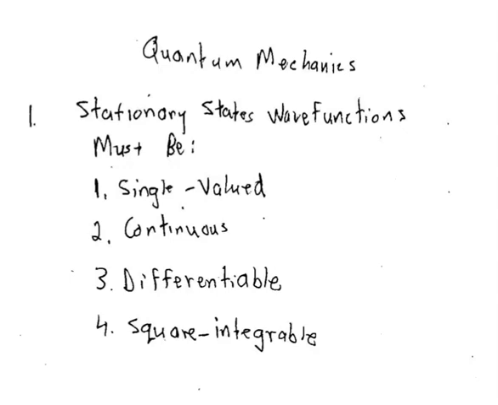And this first phraseology here, stationary states wave function. So obviously there must be some other states other than stationary states, because I'm going to focus on stationary states at the moment. But if you're talking about stationary states, then the wave function must be single valued.